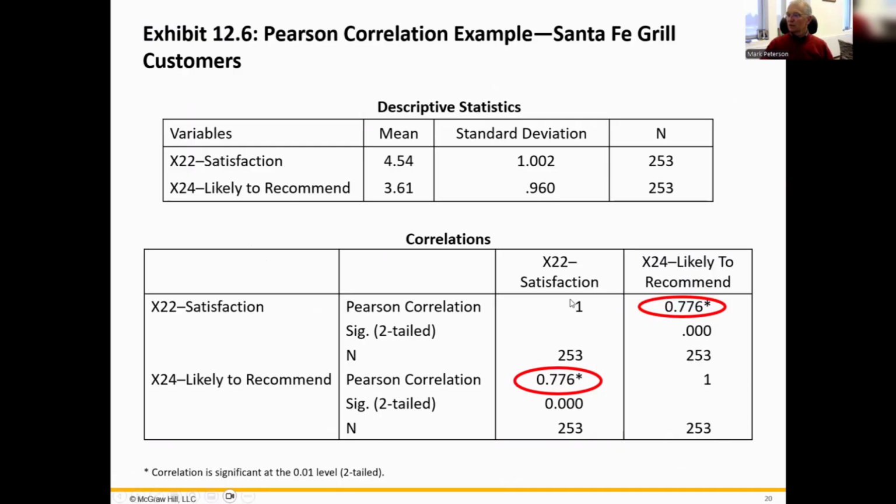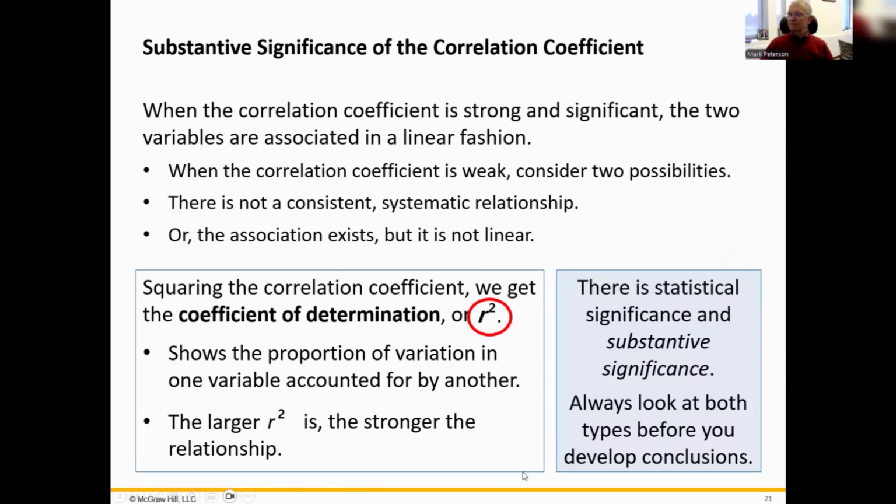When you plot these two variables, they're perfectly correlated with themselves, X22 with X22, X24 with X24 here. But then the off-diagonal elements show you your Pearson correlation coefficient. And the asterisk here means that it is significant at the 0.01 level, and that is a strong correlation.